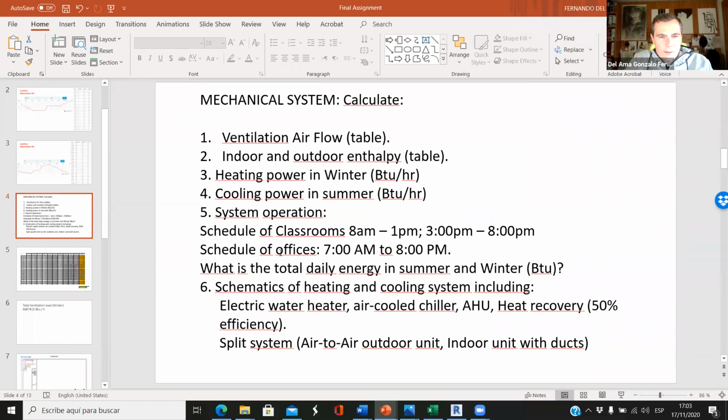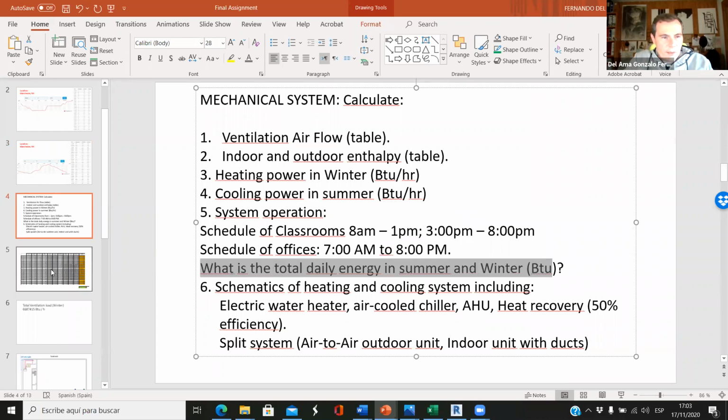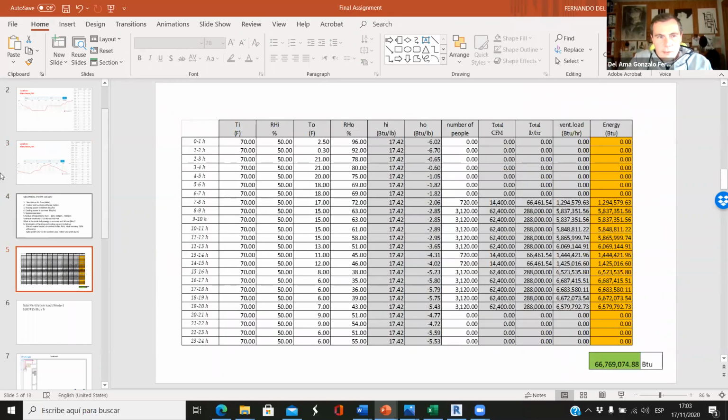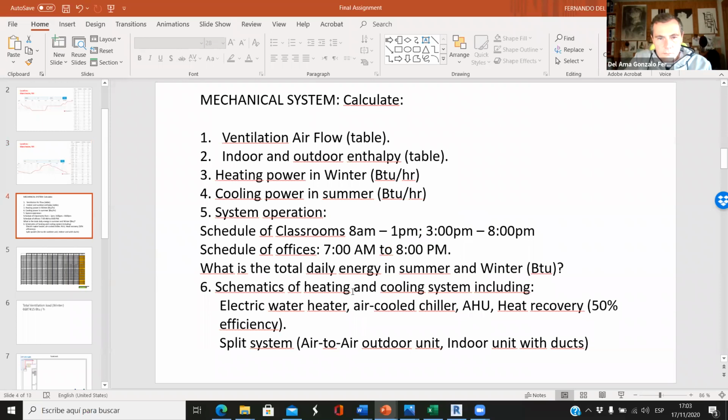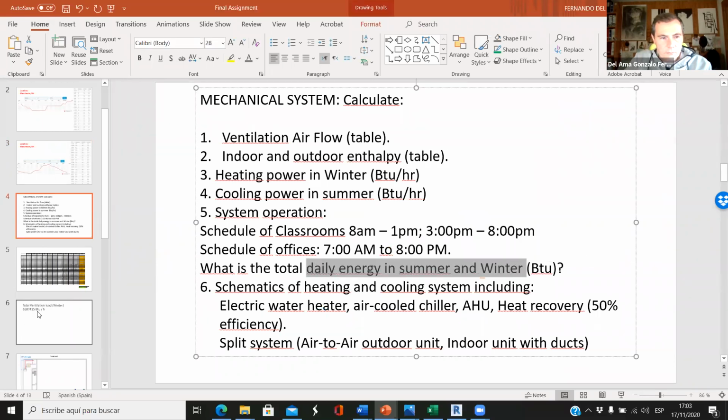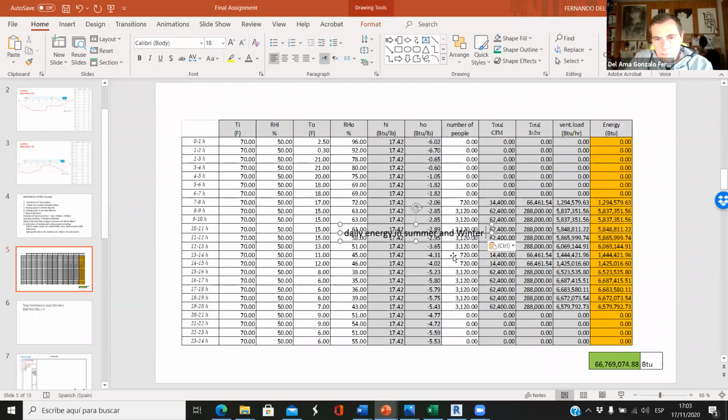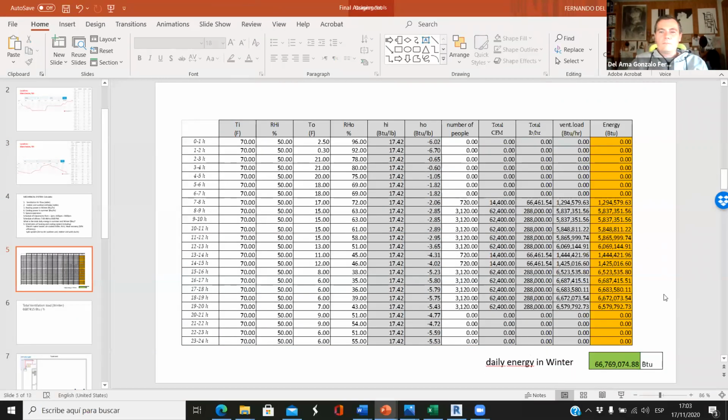What else do we need? The daily energy in summer and winter. So this is the daily energy. This is in winter. And then you need another table in summer.